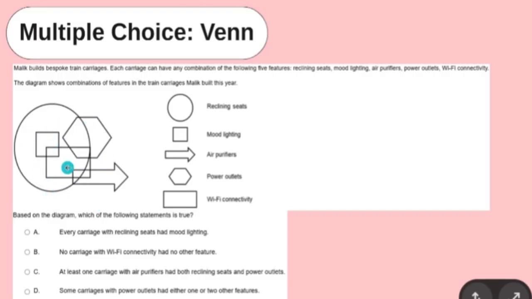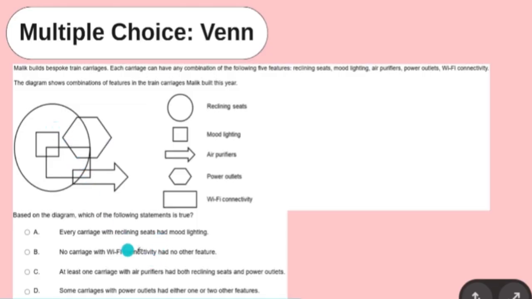But I looked at all the carriages with Wi-Fi connectivity, which is inside this rectangle, and because I inverted that statement, I'm looking to see whether they include all the other features at some point. So that just means looking at whether this rectangle overlaps with all the other shapes. As you can see, it overlaps with the square for mood lighting, it overlaps with the hexagon for power outlets, and it overlaps with air purifiers and reclining seats.